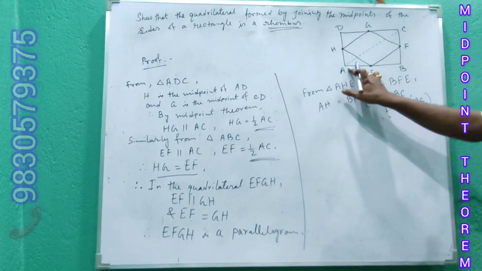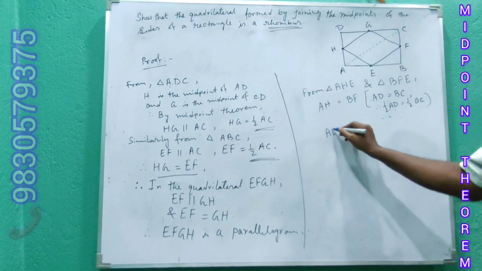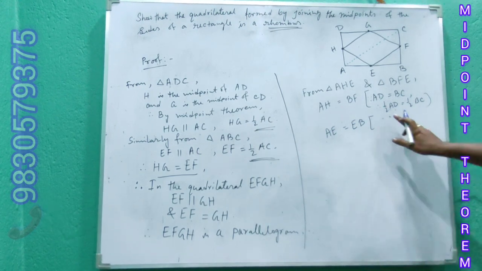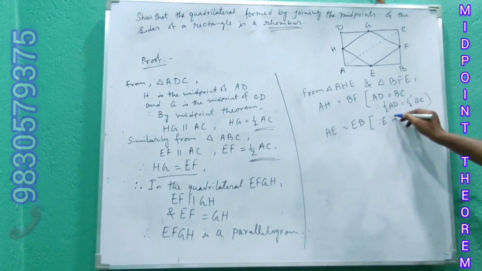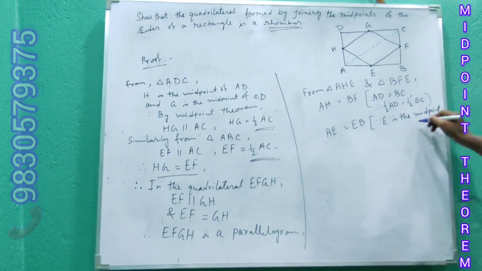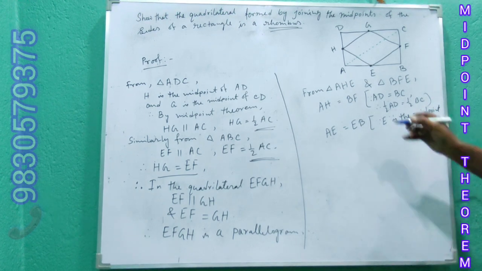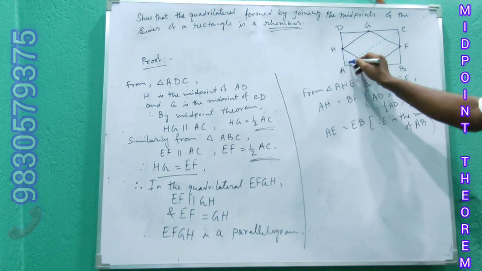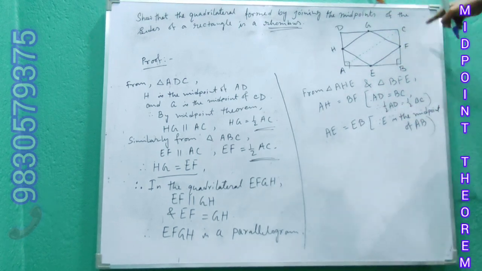Again, AE equal to EB, because E is the midpoint of AB. And angle HAE is a right angle. It is also a right angle because it is a rectangle.